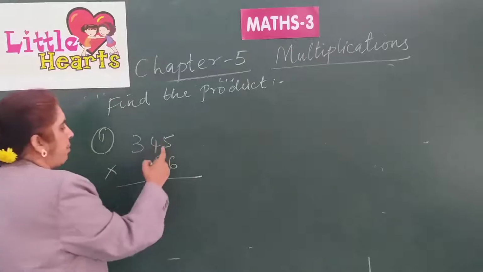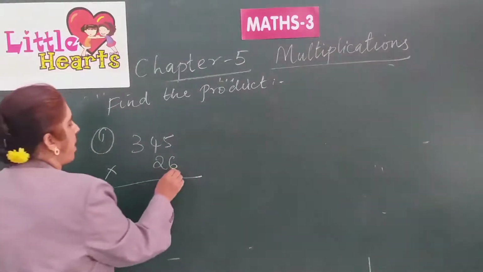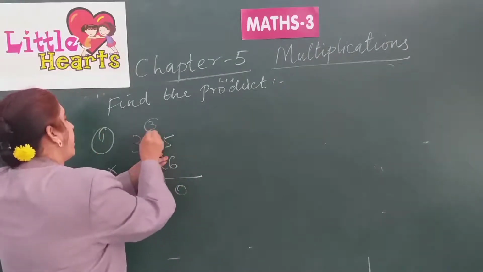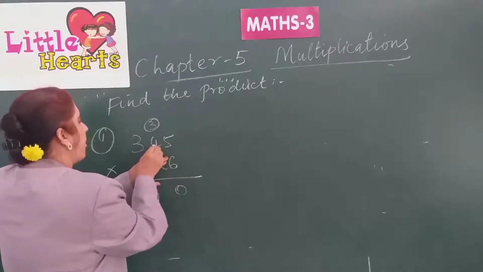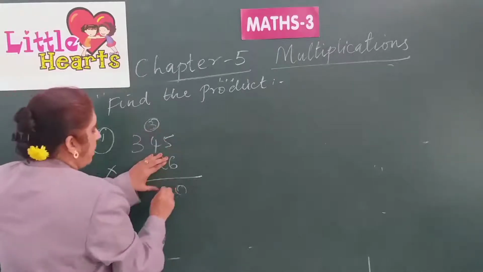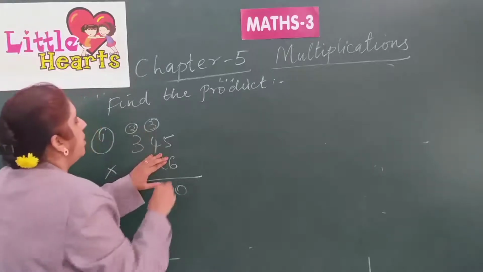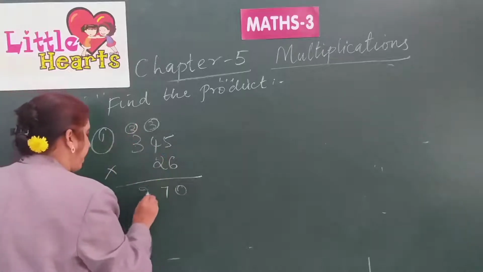A 3-digit number multiplied by a 2-digit number. So start multiplying with the ones place. 6 5s are 30. Carry 3 to the tens. 6 4s are 24 plus 3, 27. Carry 2 here. Hundreds place is there. 6 3s are 18 plus 2, 20.